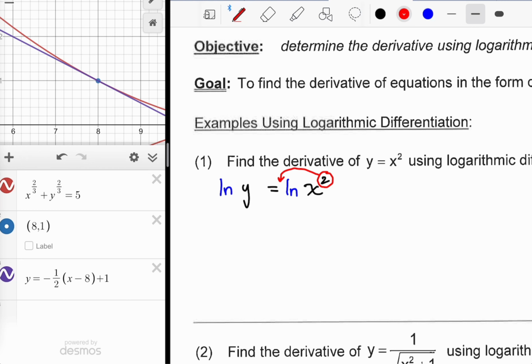All right? So we'd have the natural log of y is equal to 2 ln x. So as long as you know your derivative rules for natural logs, you're fine. It's information you've got to know, just in case you don't.